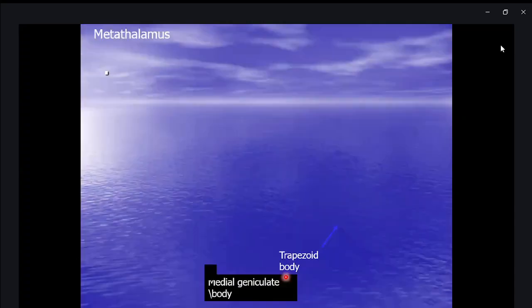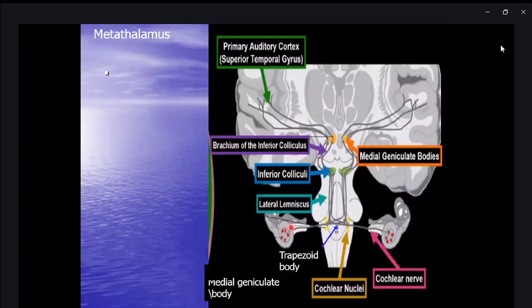So this is what we refer to as the auditory apparatus. So we look at the pathway from the ear. We have the spiral ganglion, and from the spiral ganglion, this then continues on as the auditory nerve to the auditory nucleus within the pons.